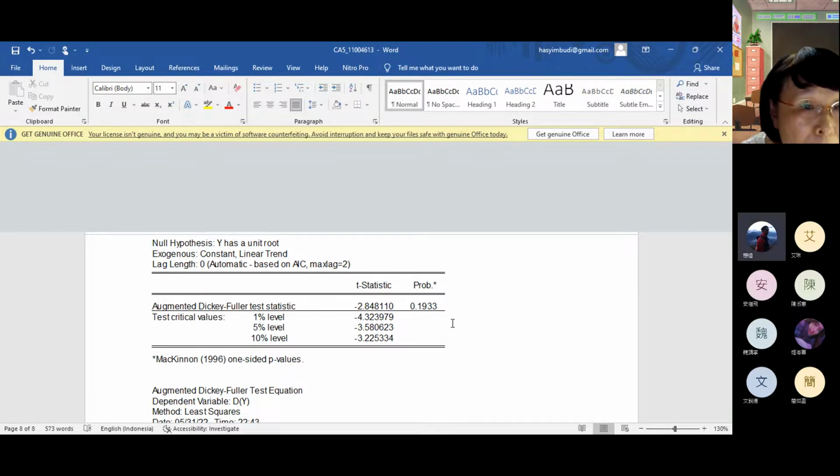It shows constant and linear trend. So this means which version do we use for the Dickey-Fuller test? The third one, which is equation 12.29.